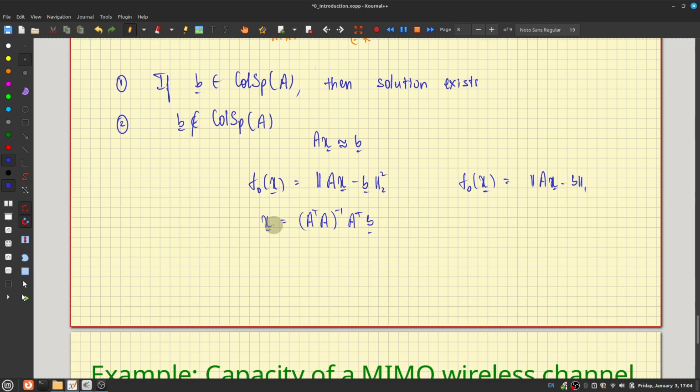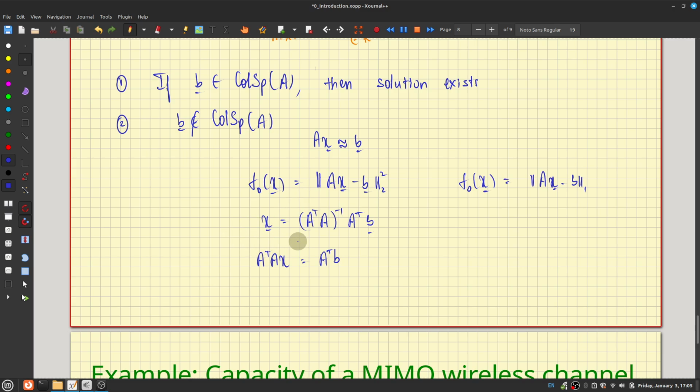So really what you do is you look at the system of linear equations A transpose AX equal to A transpose B. I claim that this has a solution irrespective of whether A transpose A is invertible or not. And this is a system of linear equations that you can solve using whatever your favorite method, Gaussian elimination.